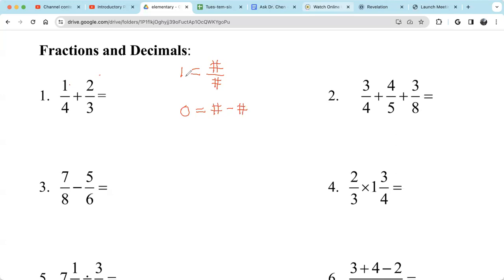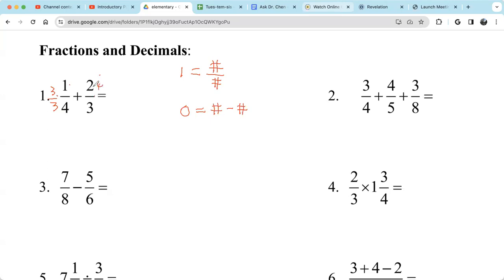For the first one, we multiply by 1, but this 1 is 3 divided by 3. 3 divided by 3 is 1, right? Because 1 multiplied by any number is still the number. It doesn't change the value of the number. But I need 3 divided by 3 because I need the denominator to be 12. Same thing for 2 over 3.